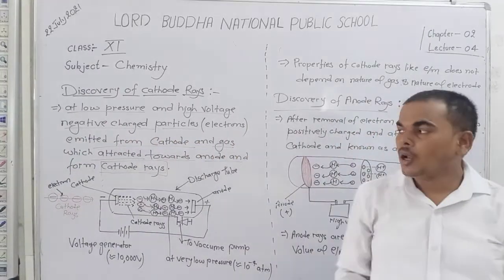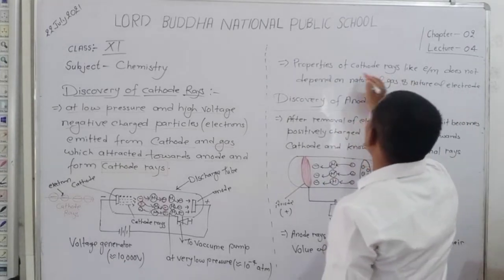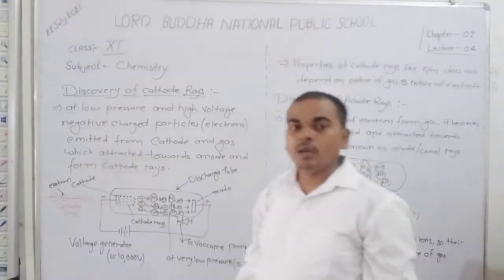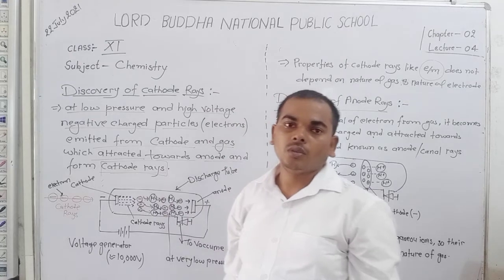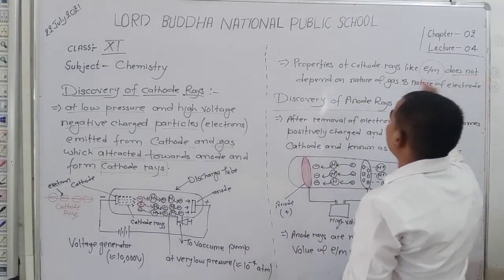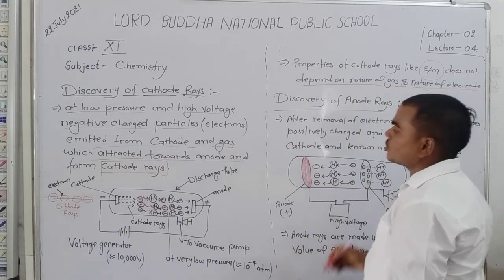Dear student, consider the properties of cathode rays, like e by m. You know that e by m is the charge by mass ratio. It does not depend on the nature of the gas or the nature of the electrode.